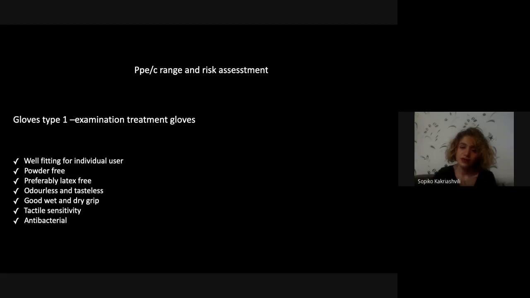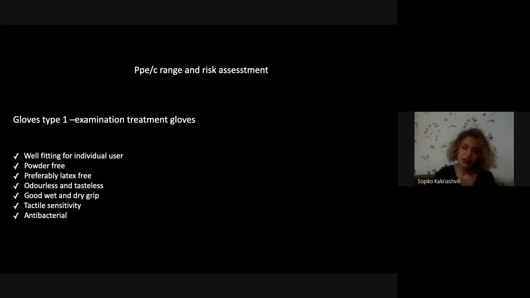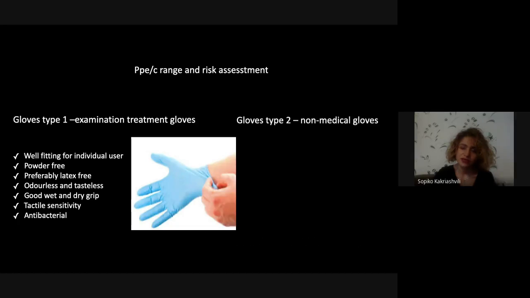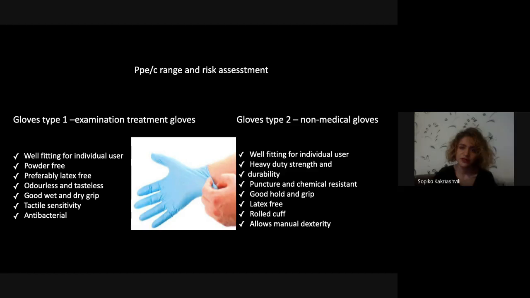We have two kinds of gloves. The first is examination treatment gloves, and the second is non-medical gloves. Examination treatment gloves, like medical gloves, should be well-fitting for individual users: powder-free, preferably latex-free, odorless and tasteless, good wet and dry grip, tactile sensitivity, and antibacterial.